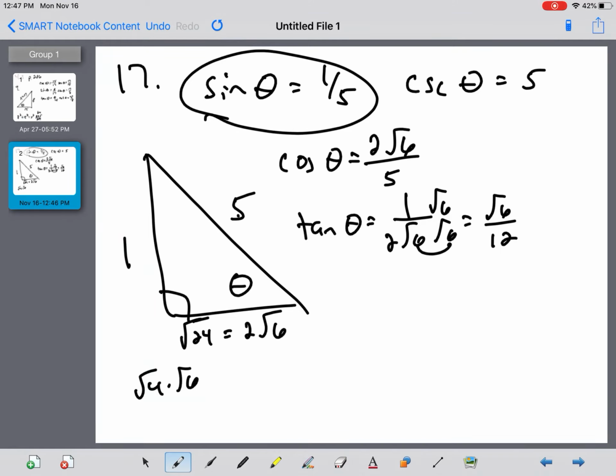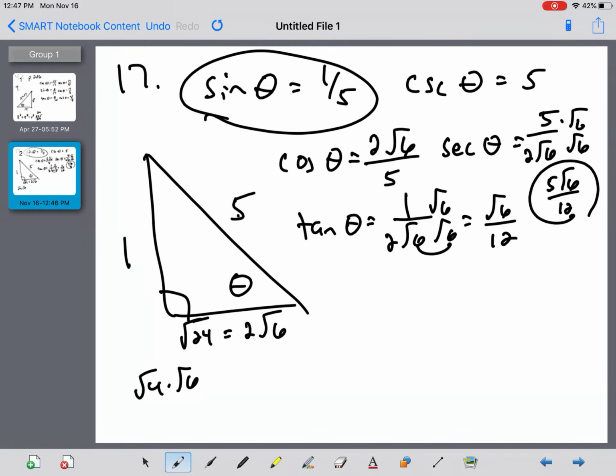The reciprocal of cosine is secant, so secant theta is going to be 5 over 2 root 6, and that's going to be 5 root 6 over 12 when you simplify it, multiplying by root 6 top and bottom. Then the cotangent of theta is going to be 2 root 6 over 1. So there's your 6 answers for 17.